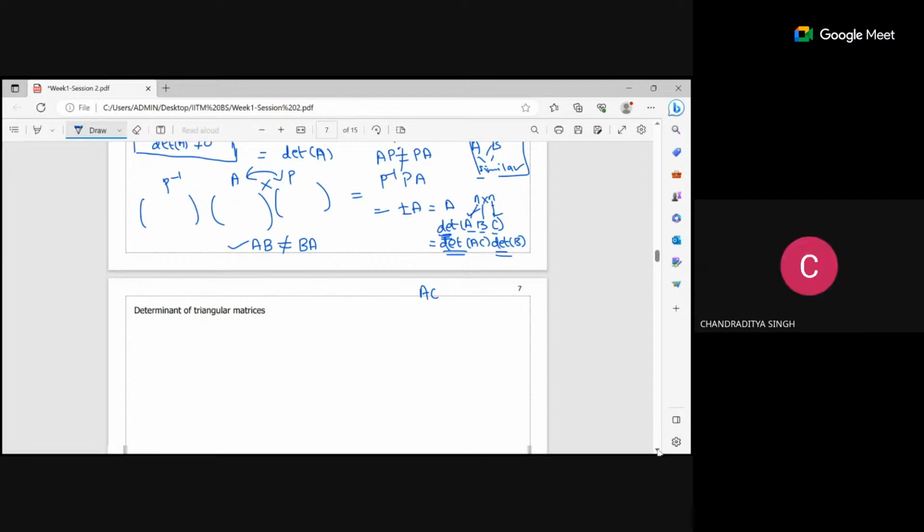Yes, ma'am. Suppose you have a 2 by 2 matrix and I have another size matrix. The matrix multiplication itself is not possible here, right? Exactly. So in that case, all the matrices must be of the same size.